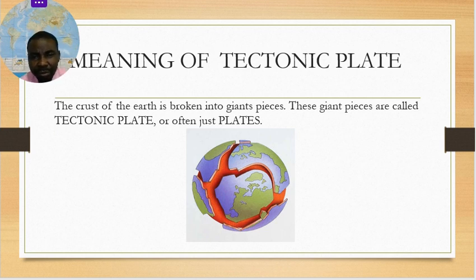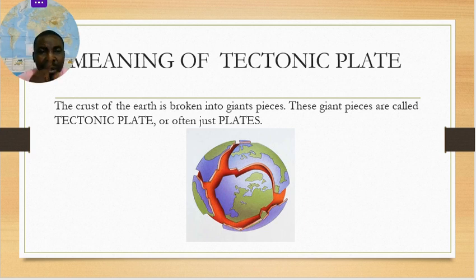You observe from the video you watched that you were told the crust of the earth is not just one single piece, it is made of broken pieces. Each of these pieces is referred to as a plate.